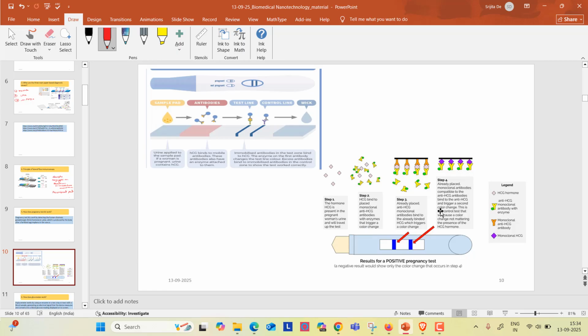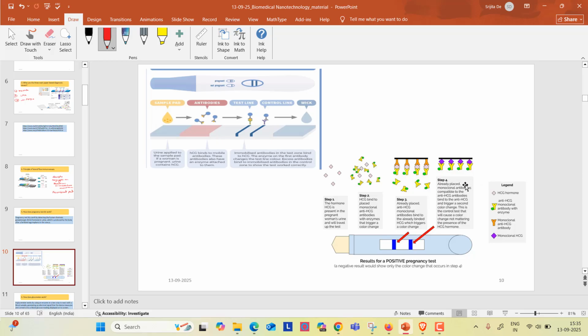In the third step, already placed anti-HCG monoclonal antibodies bind to the already bound HCG. So in the test line, the hormone becomes sandwiched between the two anti-HCG antibodies, and they trigger a color change.